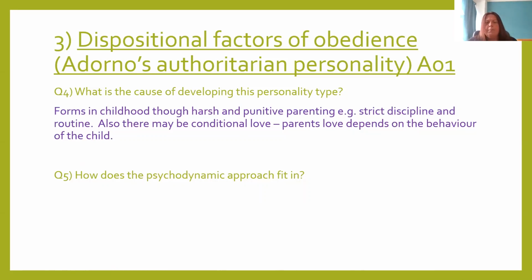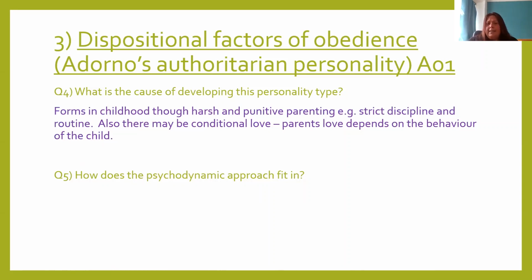And in particular, the personality is developed because that individual has had a very harsh and punitive, so punishing parenting style. So perhaps there is regimented and strict discipline within the household. You've got to remember this is 1950s and going before the 1950s. It perhaps is very, very different, very much disciplined families, the way in which they did things.